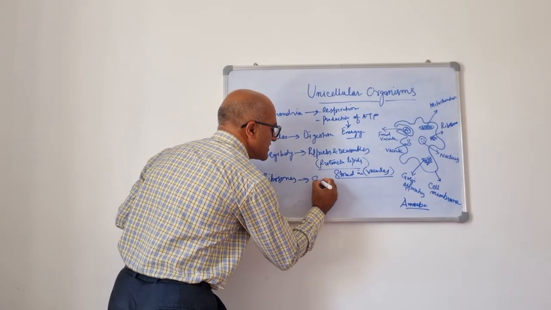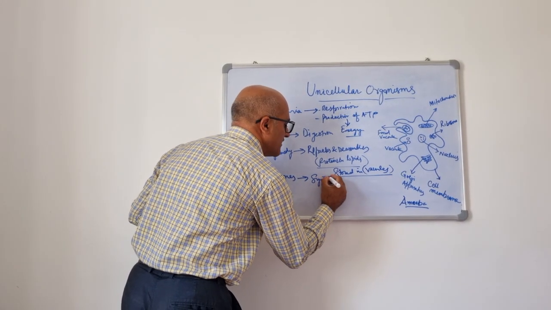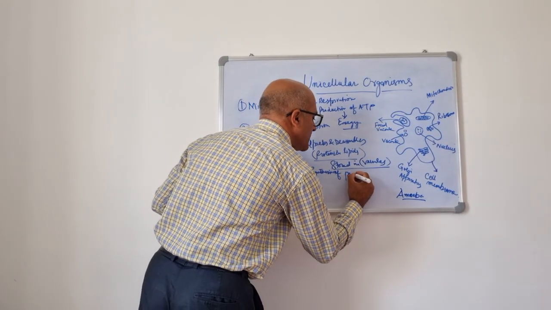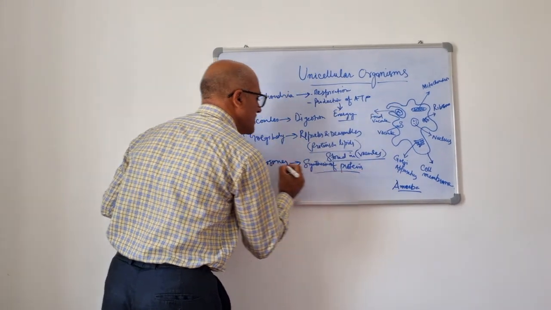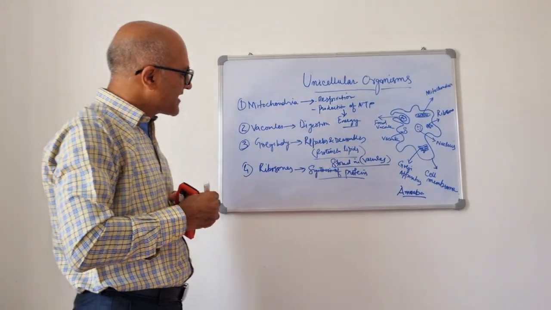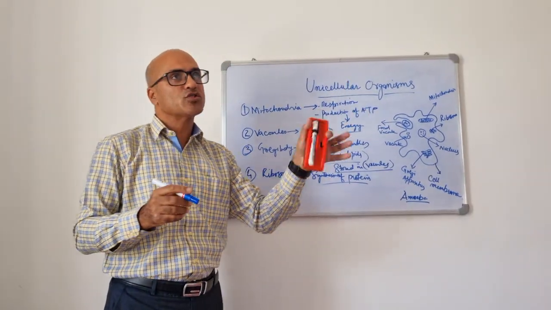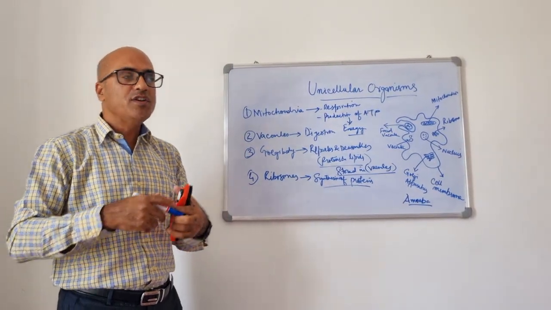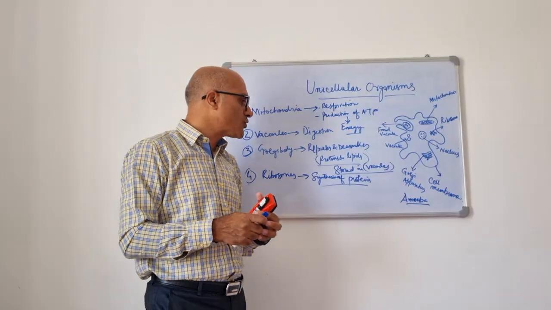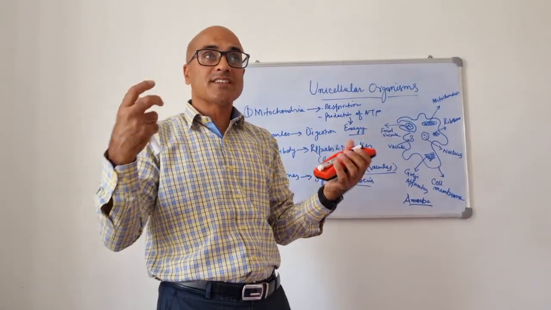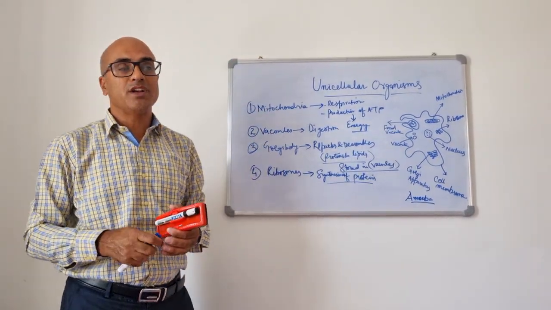Ribosomes help in synthesis of proteins. Okay, so how do these ribosomes synthesize proteins? Which type of proteins are synthesized by these ribosomes? What is the process involved in the synthesis of these proteins?